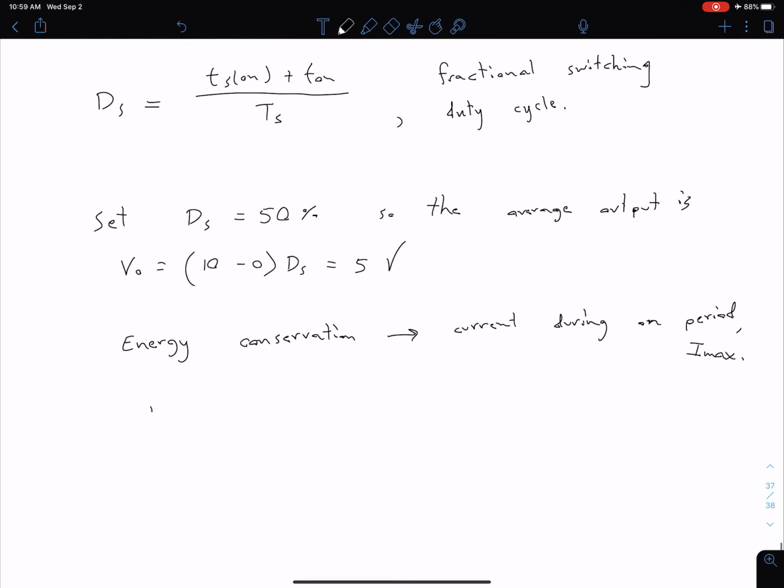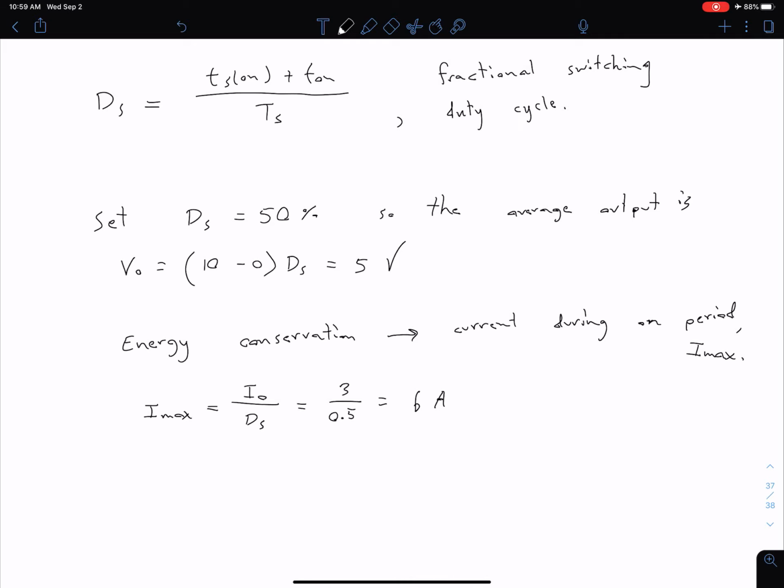And so what we can say is that our I max is equal to that average output current divided by our DS. If we're multiplying our average output voltage by the DS, we are dividing by the current such that the power is the same on the input and the output side. So here we have 3 amps divided by our 0.5, and we get 6 amps for I max.